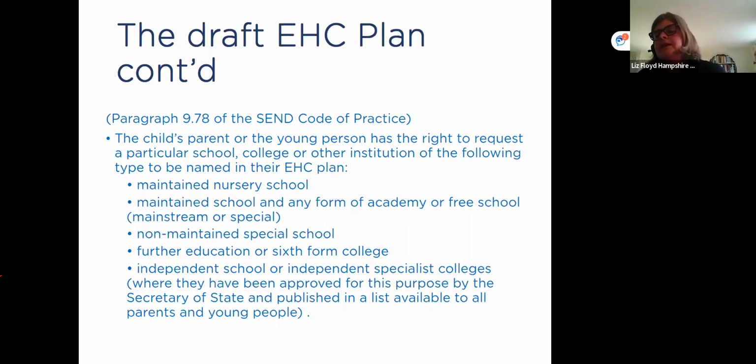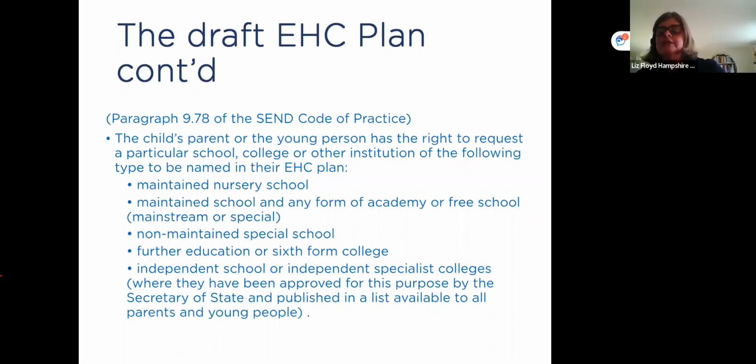Thank you. And the other thing about what you mentioned just before, Sarah: if you chose two mainstream schools and one was a bit further away than the other, and the local authority agreed to name your choice of school, but they felt that the other one could meet need as well and happened to be closer, they might decline paying for the transport.